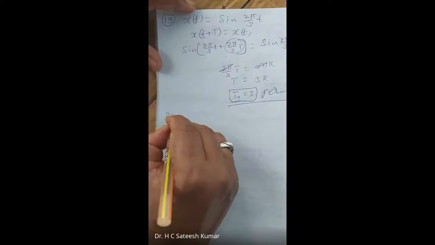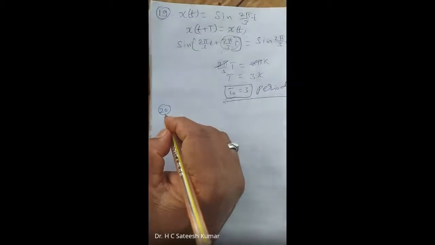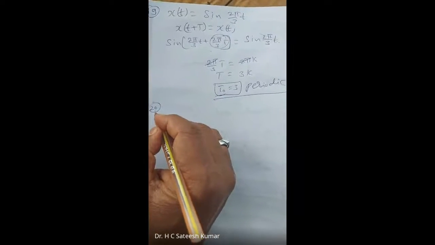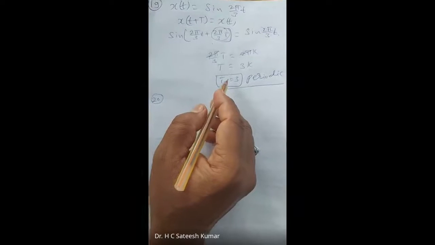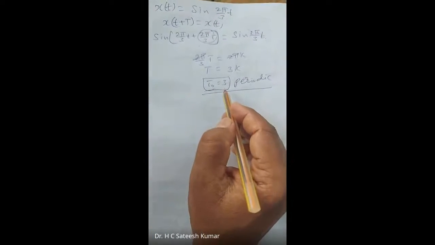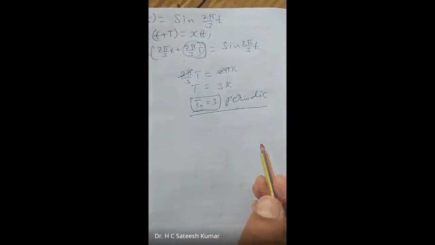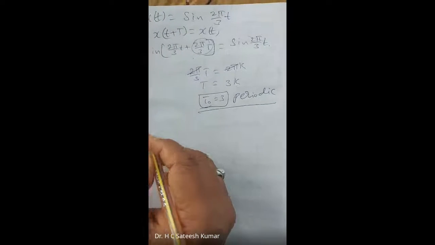So now let us go for the next one. So how to check the periodicity? That means after the interval 3, it is periodic, right? The same thing is repeating, I mean to say. Okay. Now let us check a few more problems.